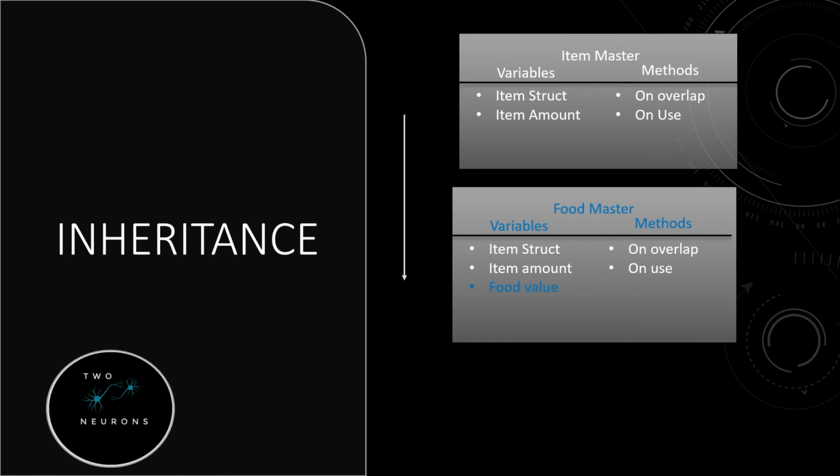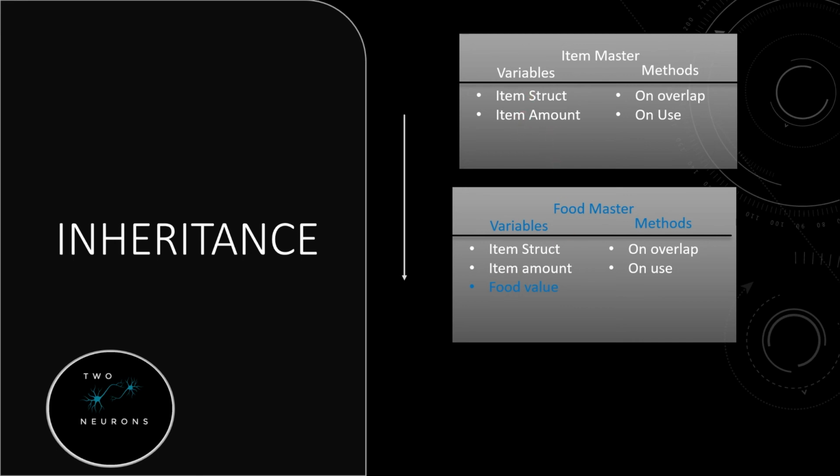And you'll notice, though, that we get this food value here, but it isn't up here with our item master as well. It is only part of our food master, and that's because inheritance is a one-way system, going from the parent, passing these on down here, to the child. And the child's value, this food value here, isn't passed back up to the parent.